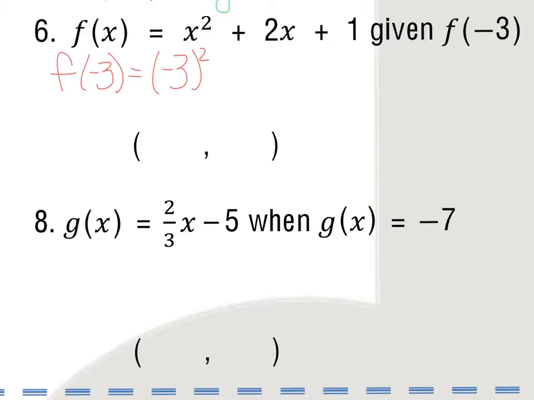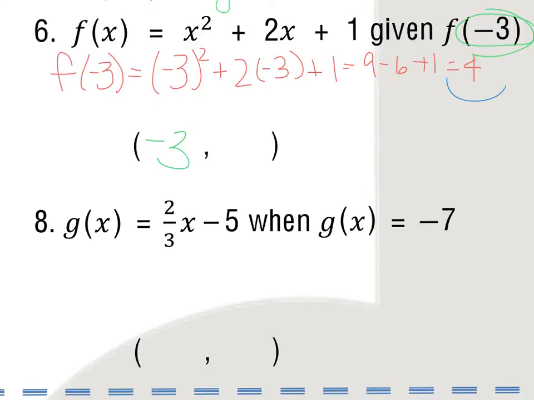So negative 3 squared plus 2 times negative 3 plus 1. Negative 3 squared is 9. 2 times negative 3 is negative 6, plus 1. And 9 minus 6 is 3, plus 1 is 4. So our x value here is negative 3 and our y value is positive 4.